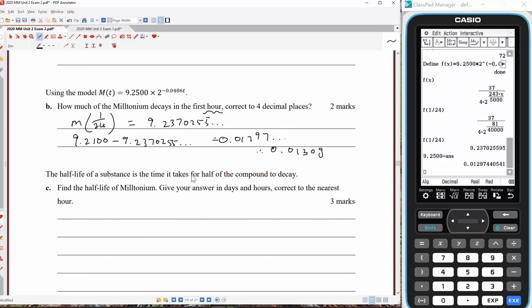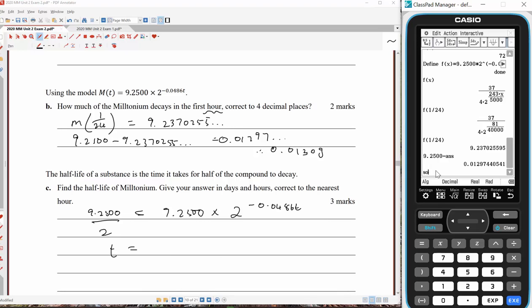The half-life of a substance is the time it takes for half of it to decay. Find the half-life. So here's our equation. Let's do 9.2500 over 2 equals 9.2500 times 2 to the negative 0.0486 t. T is equal to.